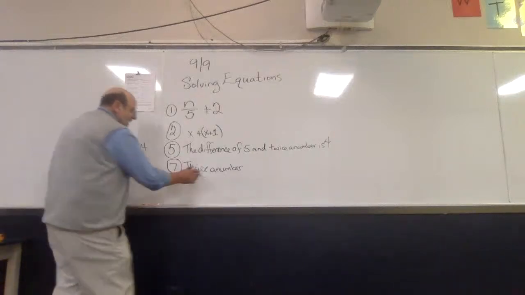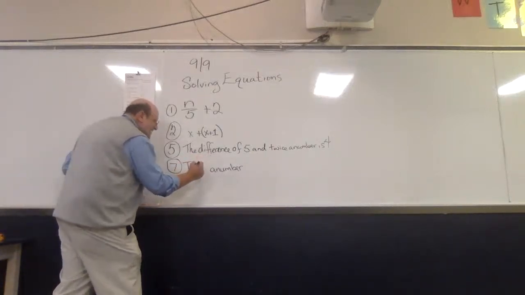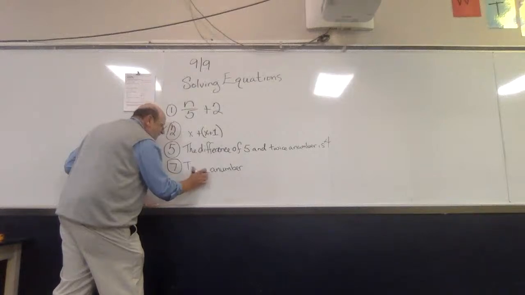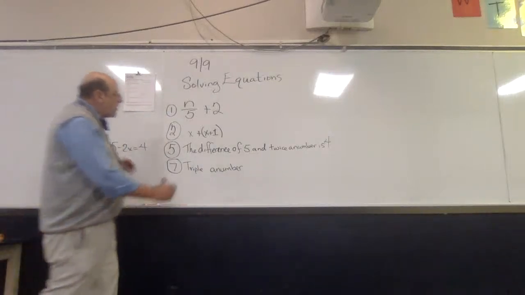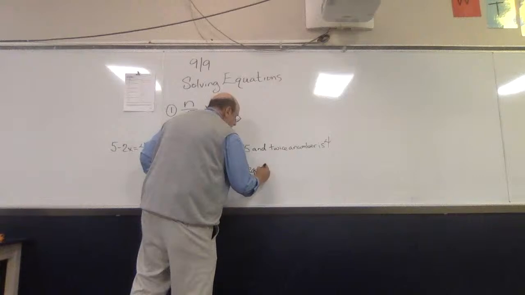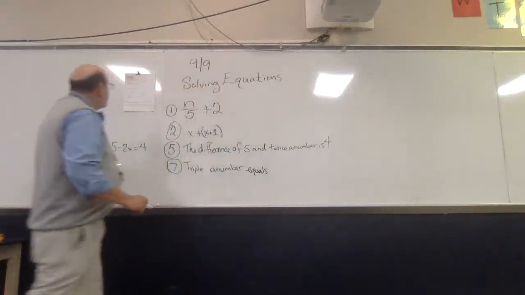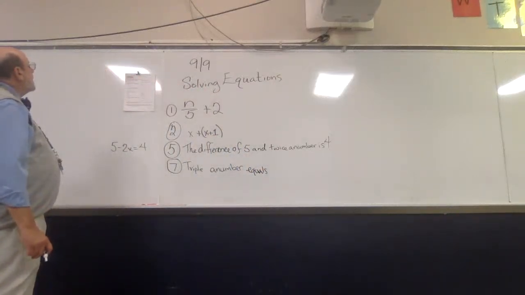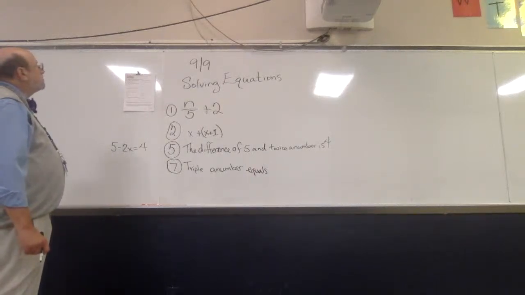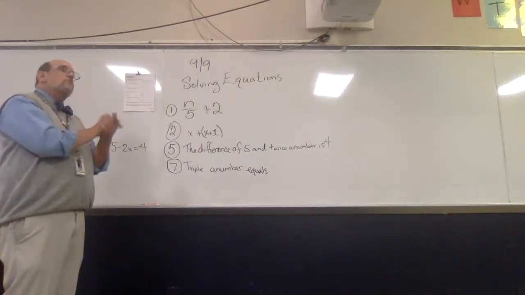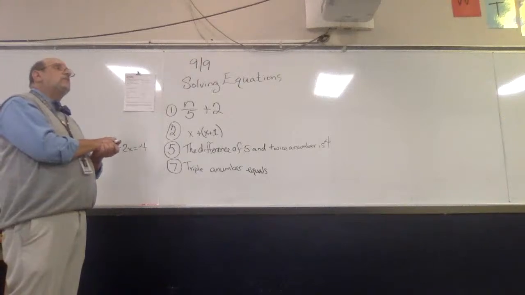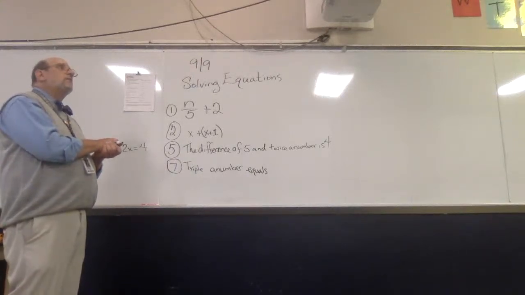No, sir. That's why I said thrice. All right. Triple a number equals, or is, or keep it as simple, sir, equals 2 times C minus 1. Or would be C minus 1 in parentheses times 2, that number minus 1.